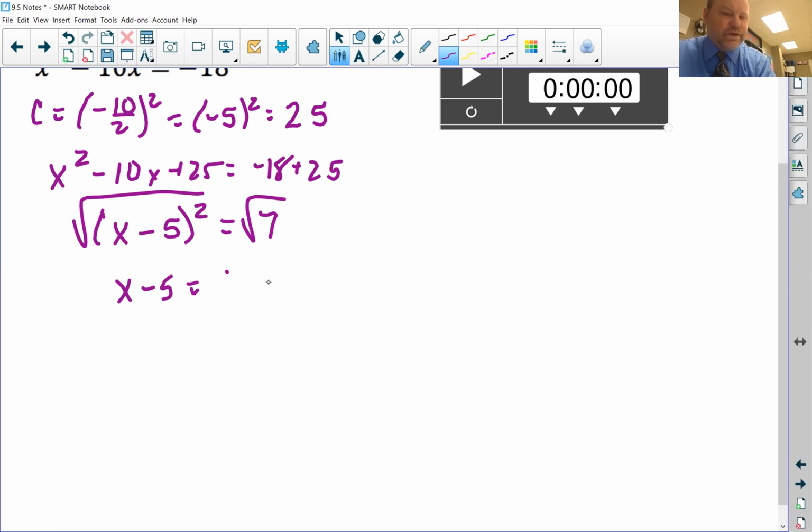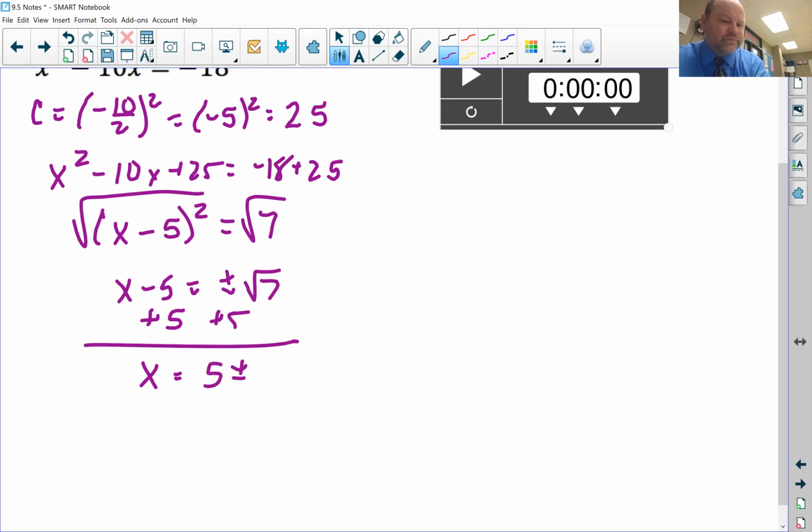Don't forget the plus and minus. 7 is a prime number, so 7 and 1 are the only numbers that divide evenly into 7, so we can't simplify that root any. Finish off by adding 5 to both sides. And there's the final answer.